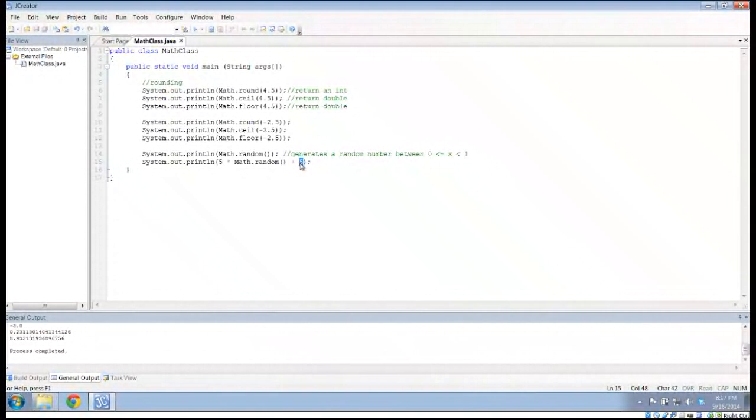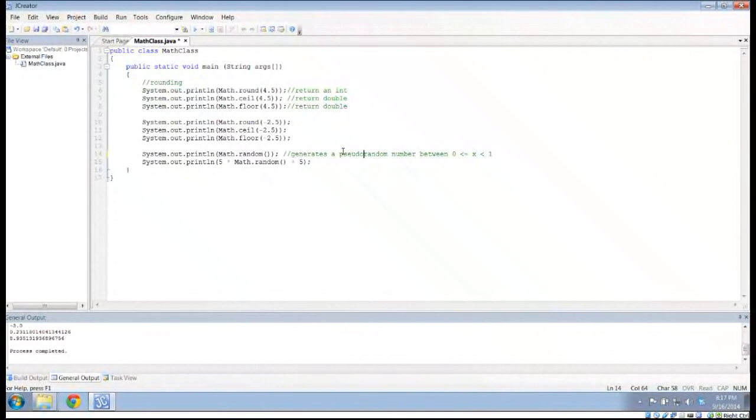So this math.random allows me to generate random numbers. Now, one thing to realize is that these are pseudo-random numbers. In other words, they're not truly random numbers.